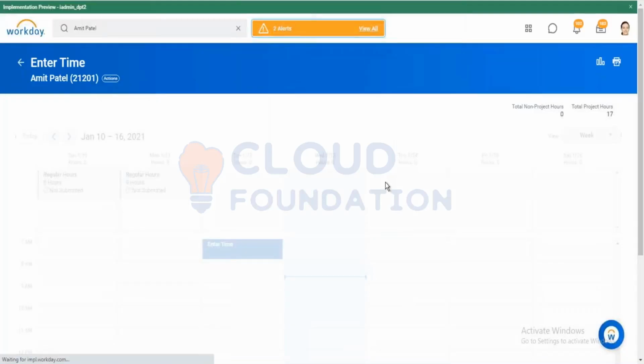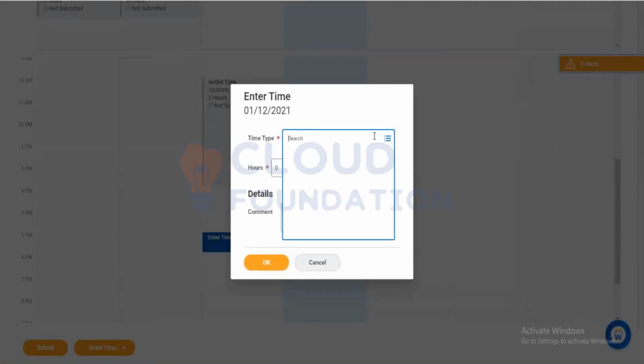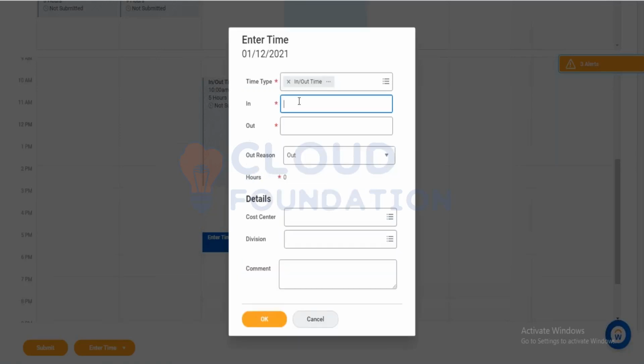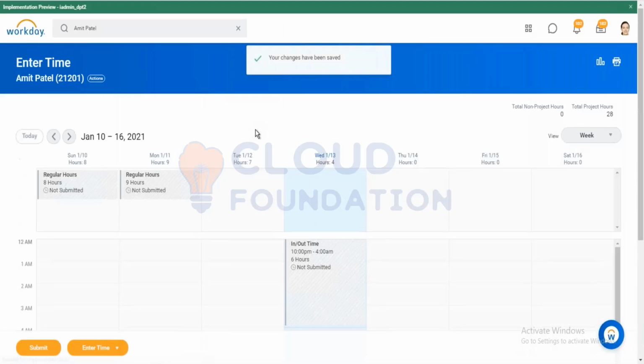We started the first at 10 a.m. and we ended it at 3 p.m. After that, we started with another shift. Now we have worked under two shifts.